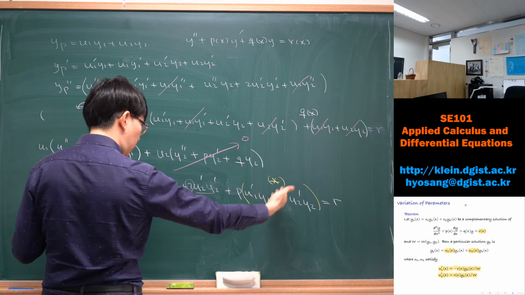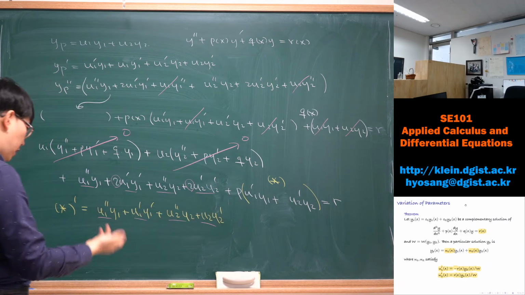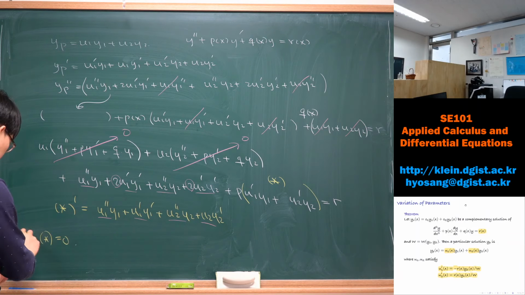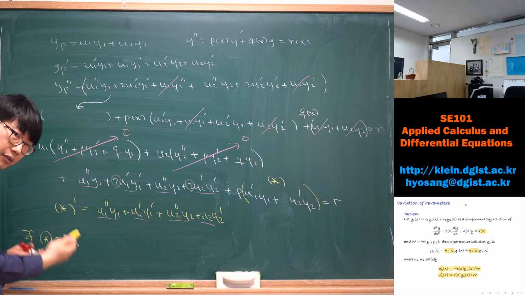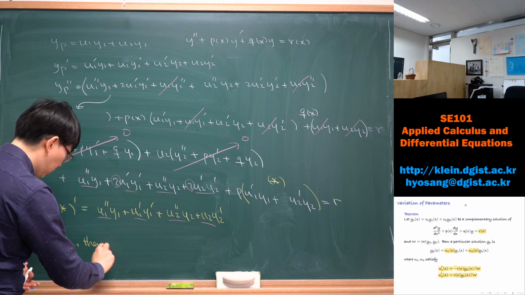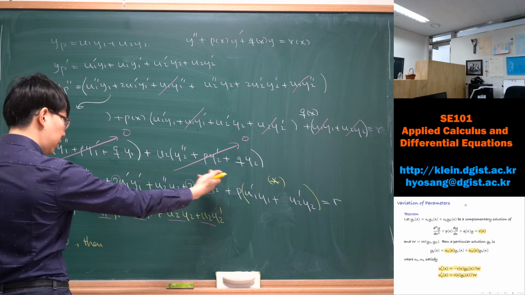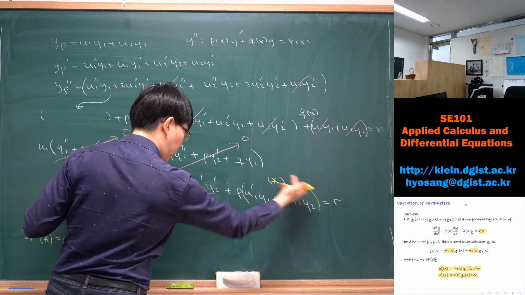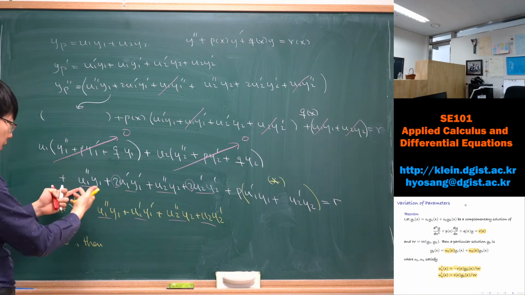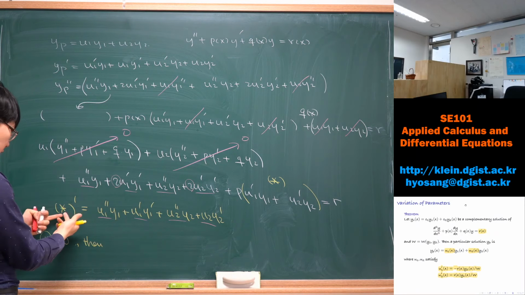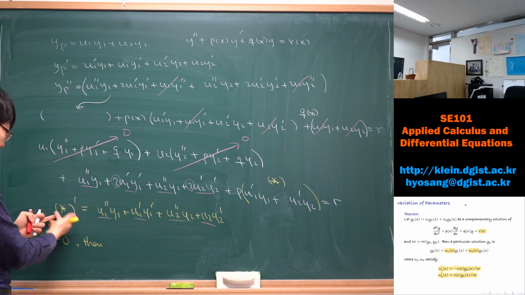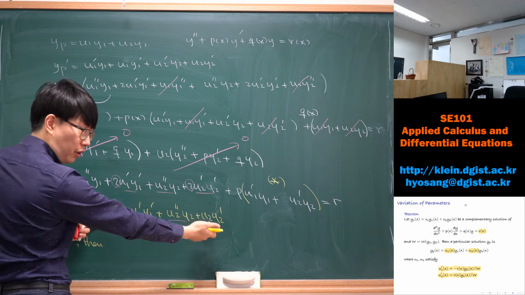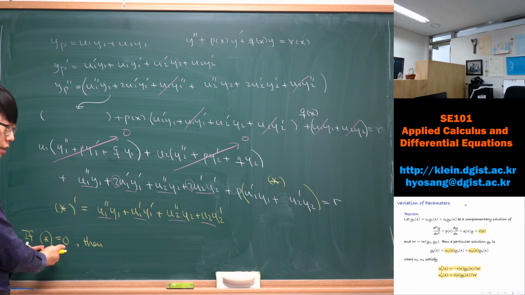So here's the condition. We want to find u1, u2 satisfying this equation if this star part is 0. If this star part is 0, then we only need to solve this part equals r, because I assume that this is 0. But since this term appears because of this derivative of star, these already become 0 if I assume that star is 0, right?